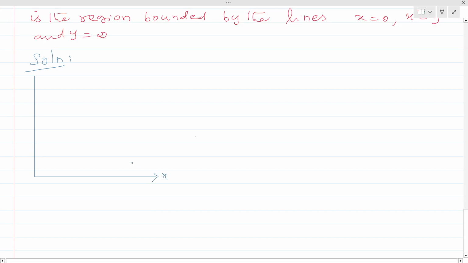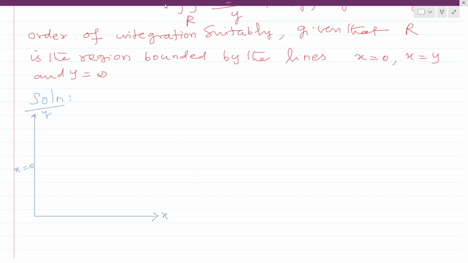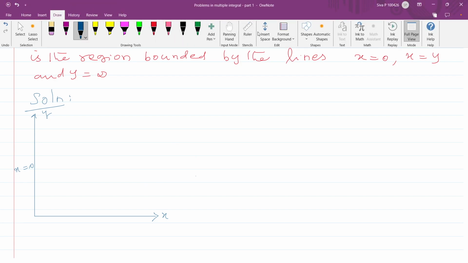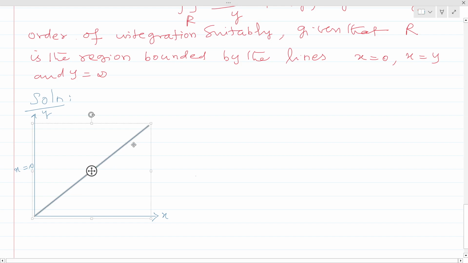This x-axis we know, this y-axis we know. So what are the boundaries here? Region bounded by the lines x equal to 0, which means the y-axis, and x equal to y, which is the straight line at 45 degrees. You can draw the straight line at 45 degrees here. Good.